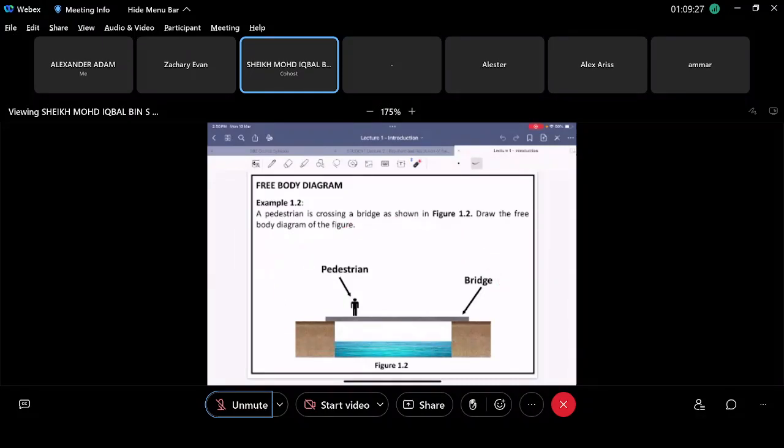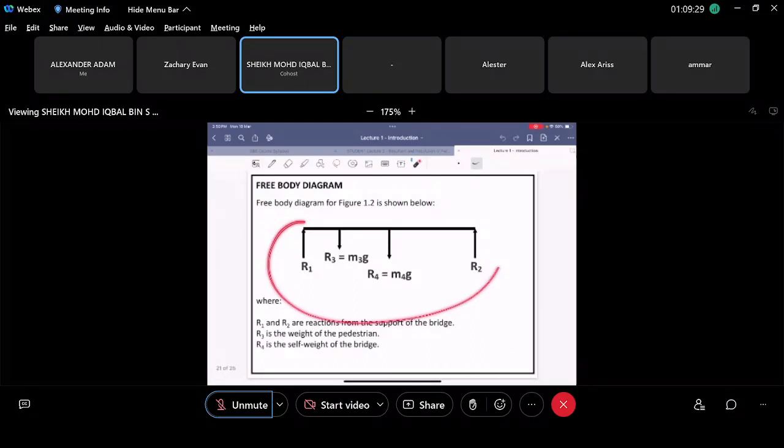But when we convert it into a free body diagram here, suddenly it becomes easier, right? Now it's very easy for us to see the forces, right? Forces, reaction force going up, and then the weight going down, right? Because the bridge is in static equilibrium, means this force is counteracting this force, and this force is counteracting this force, right? So it is equal to zero, so the whole thing is not moving, right?